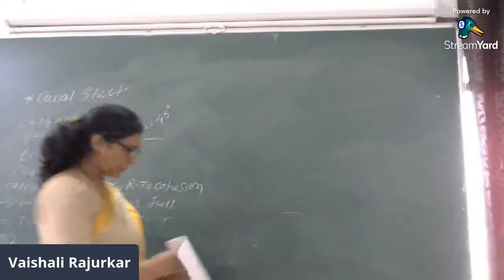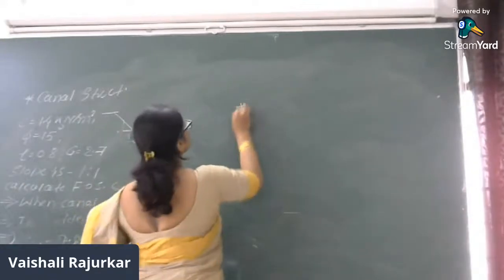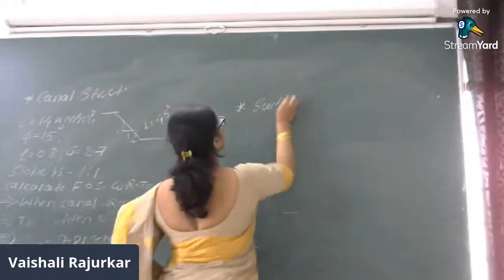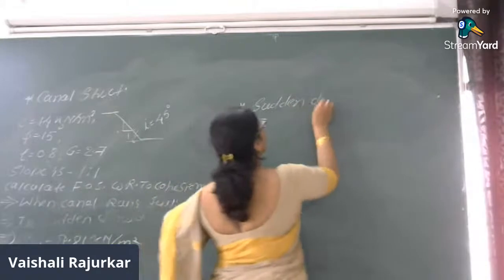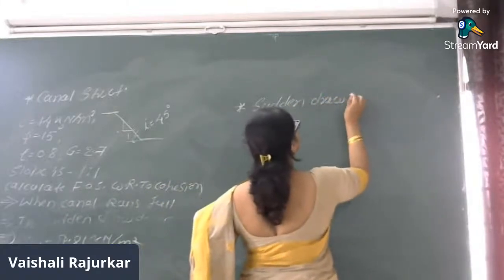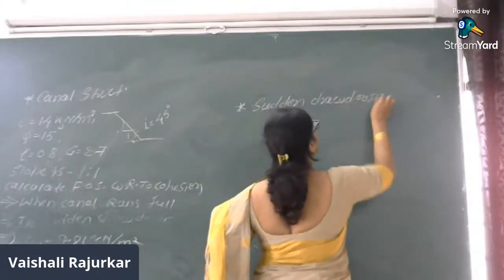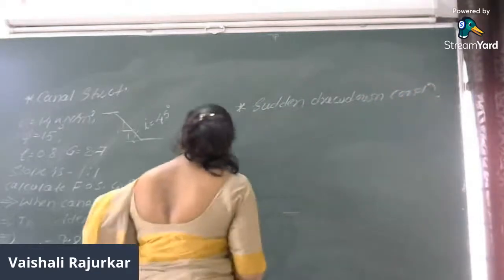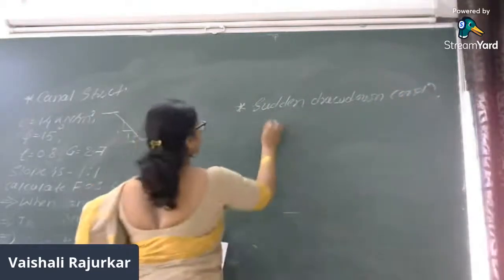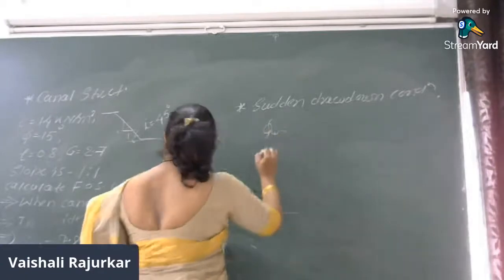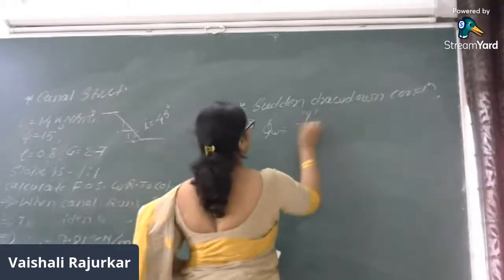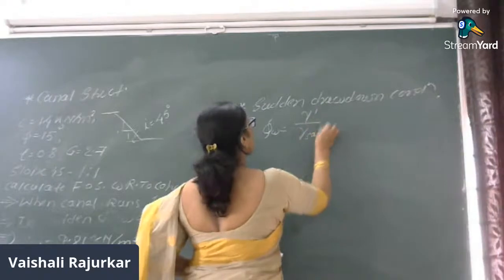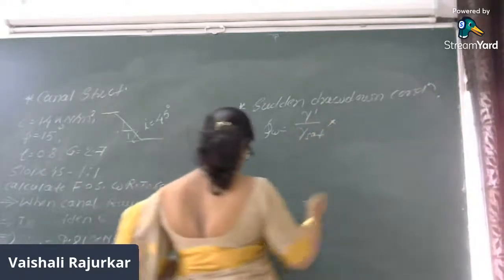So here for the sudden drawdown condition, phi w is gamma dash upon gamma saturated into phi.